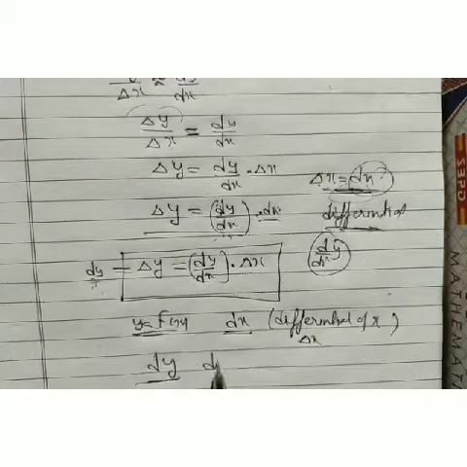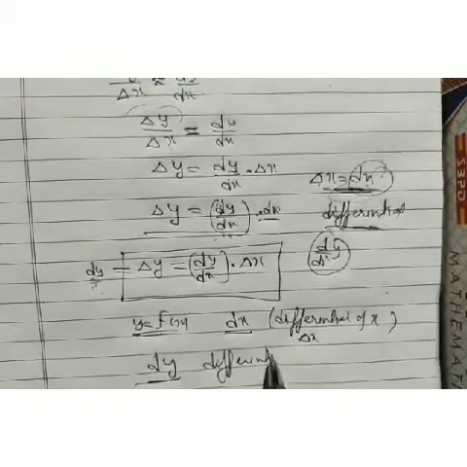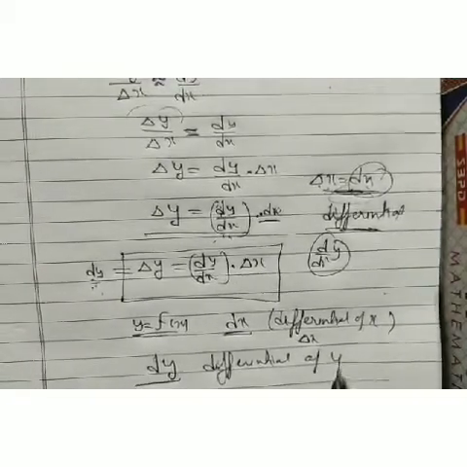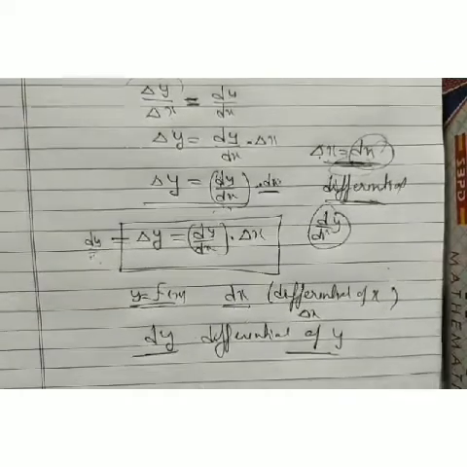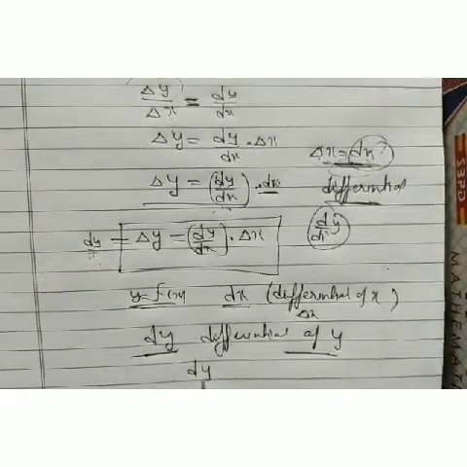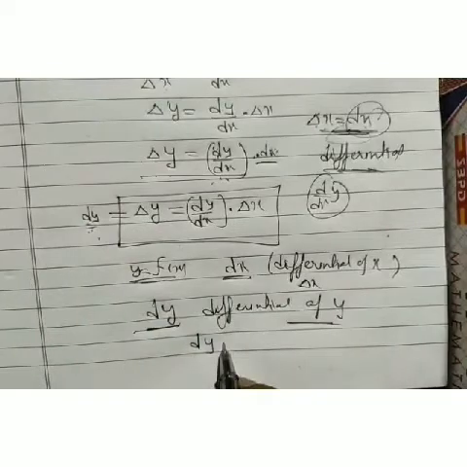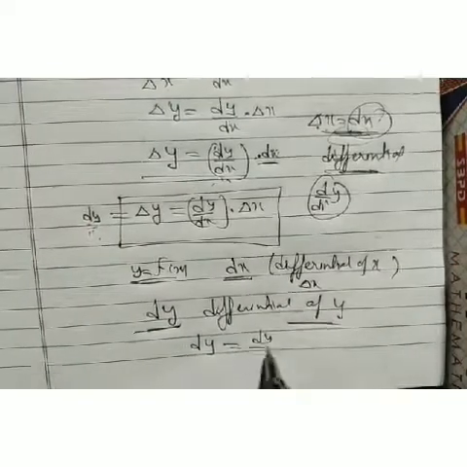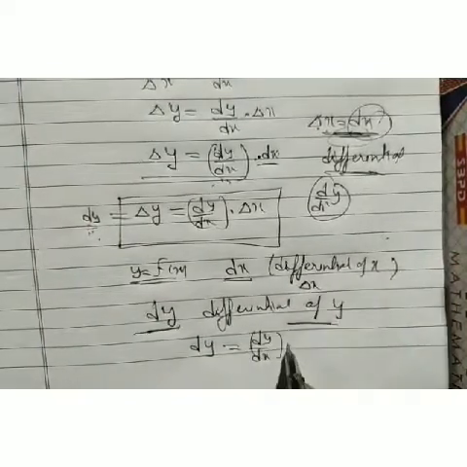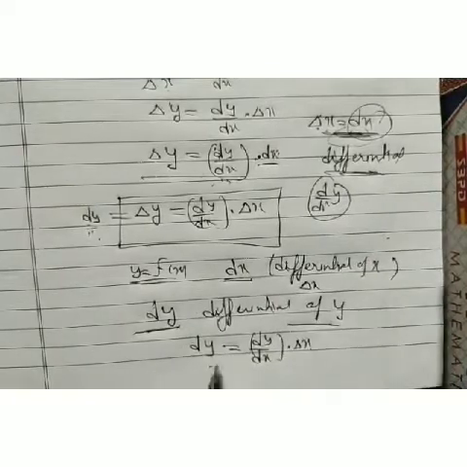How do we define it? The differential of y, dy, is given by the derivative of y times the differential of x.